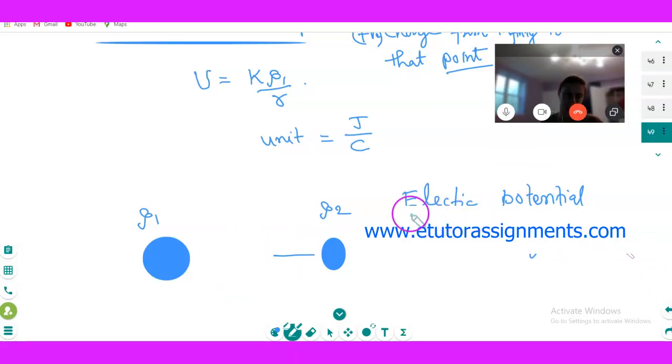So please state, electric potential energy is equal to K Q1 Q2 by distance. Which distance? Between them. So how do you denote it?